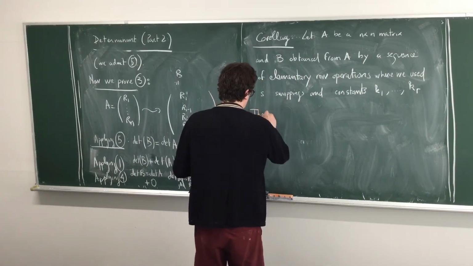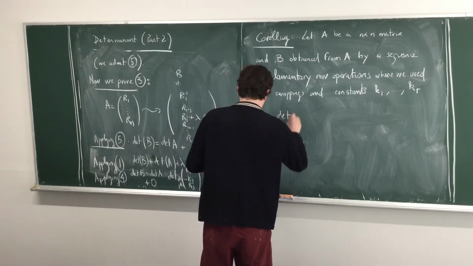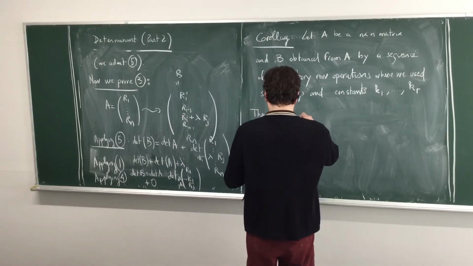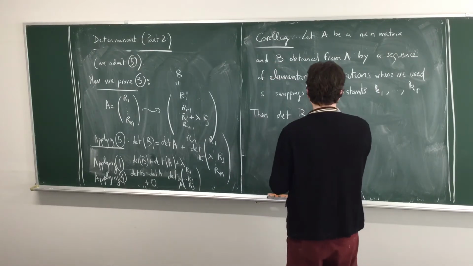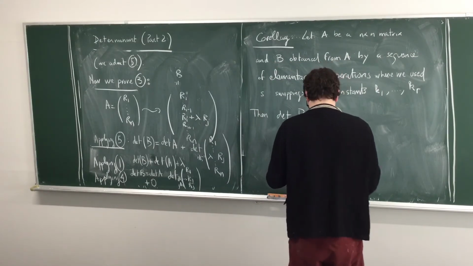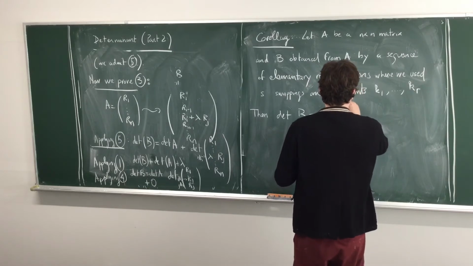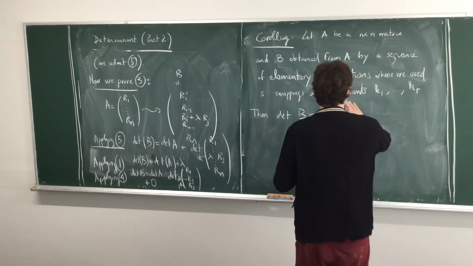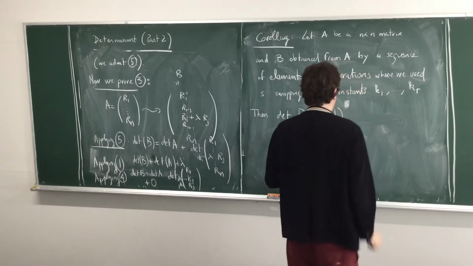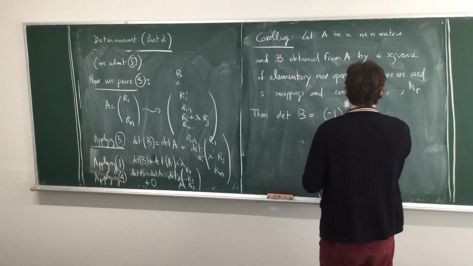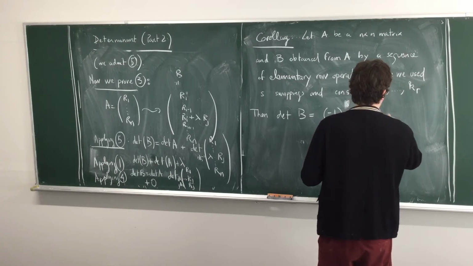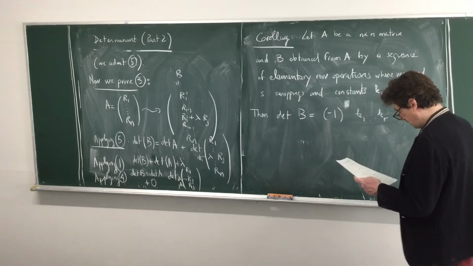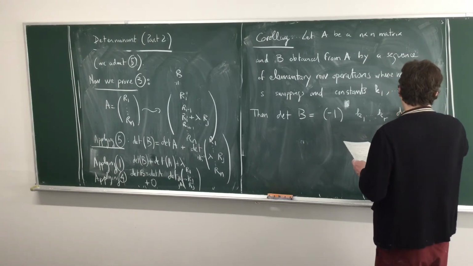Then the determinant of B will be equal to (-1) to the power S, the number of swappings, times the constants k1 ... kr, the product of them, times the determinant of A.